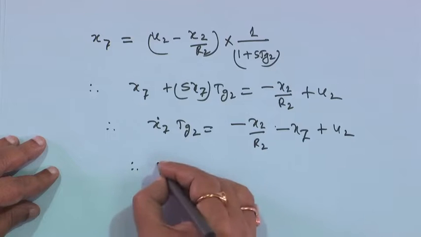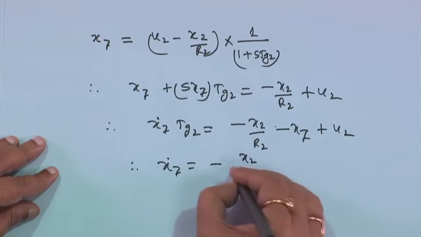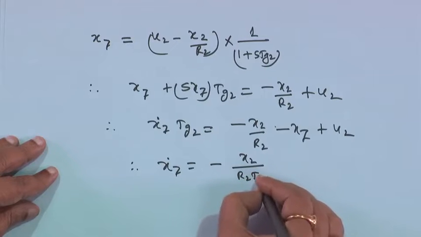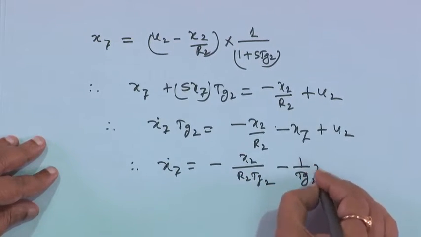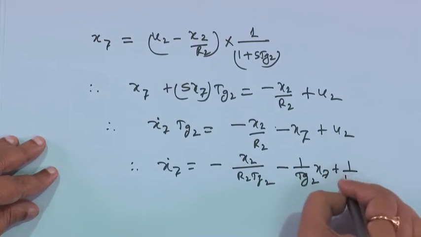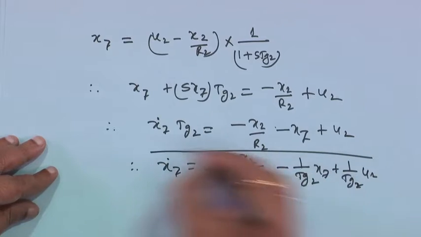Or x7 dot is equal to minus x2 upon r2 Tg2, minus 1 upon Tg2 x7, plus 1 upon Tg2 u2. This is your x7 dot.